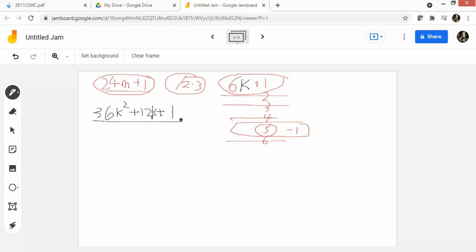Here we already have 12 times 3k squared plus k, plus 1. This 1 is what we want.